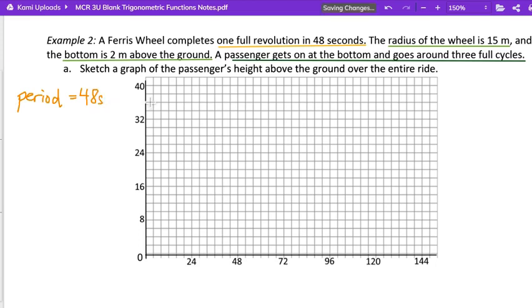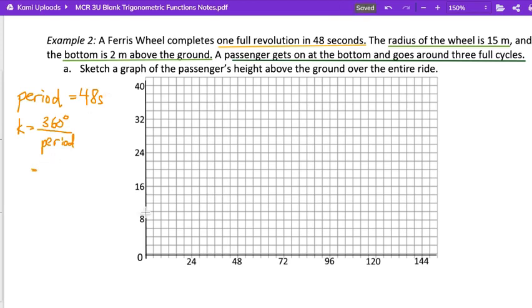So if I know that my period is 48 seconds, what else can I find? We can find the K value. Okay, so the K value we find by dividing 360 degrees by the period.